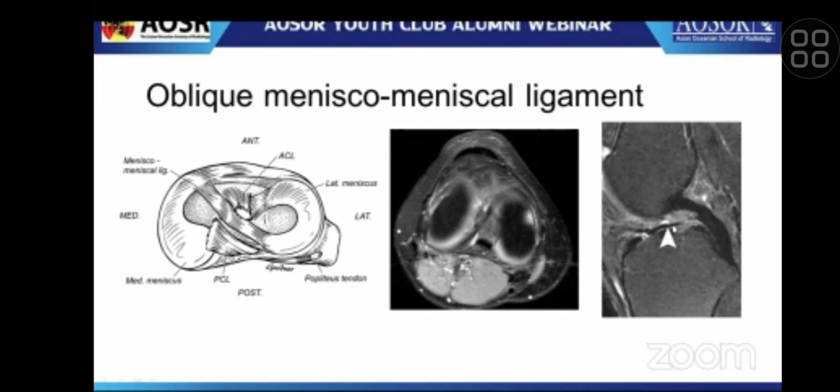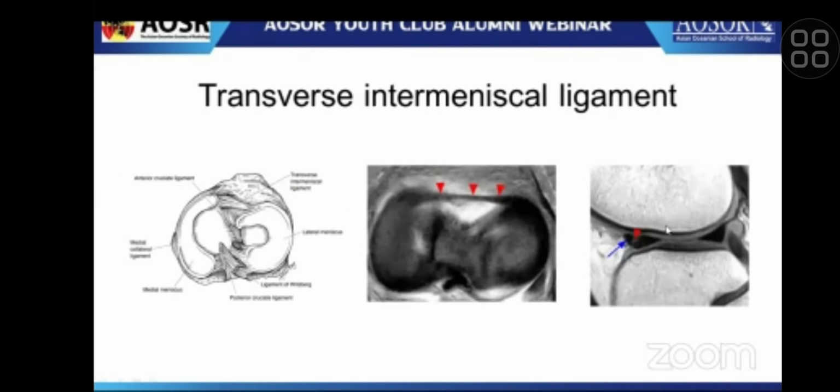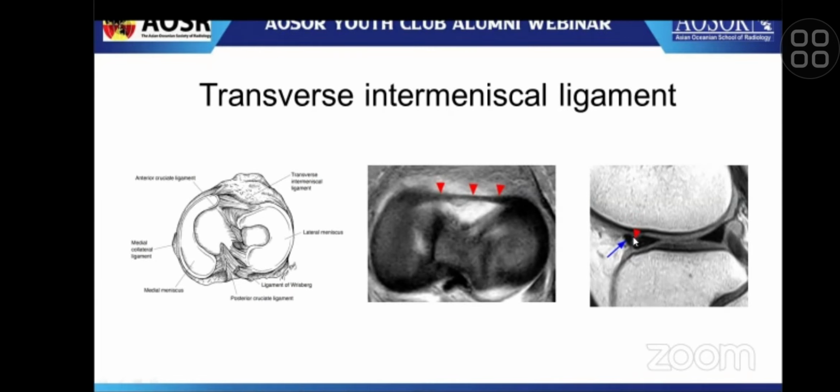And we should not confuse it with a small piece of a meniscal tear. The next one is the transverse intermeniscal ligament, which attaches between the anterior horn of the lateral meniscus and the medial meniscus. And there is also a pitfall so that we do not confuse it with a vertical tear in the anterior horn of the meniscus.